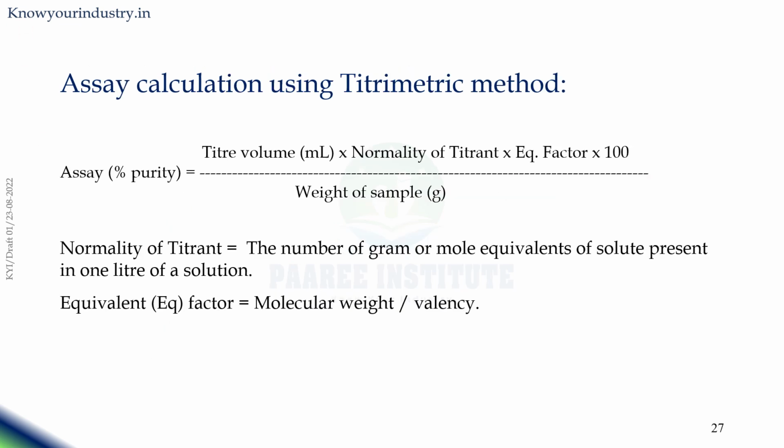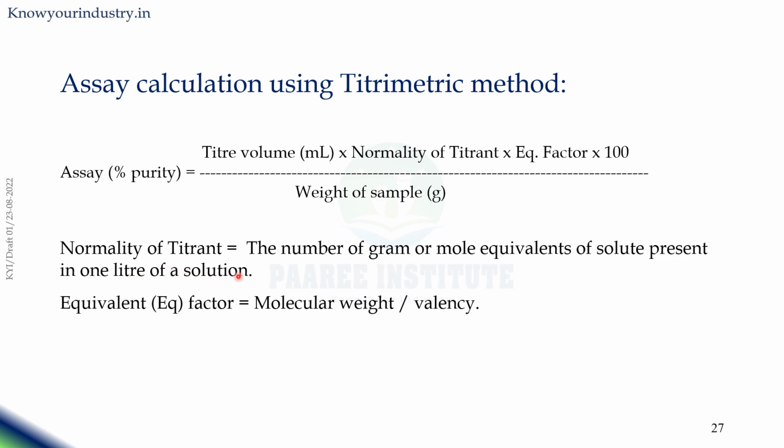This specific slide shows the calculation of assay using the titrimetry method. This is the commonly used formula. The assay percentage purity is calculated using the titer volume multiplied by the normality of the titrant, multiplied by the equivalent factor, multiplied by 100, divided by the weight of the sample.